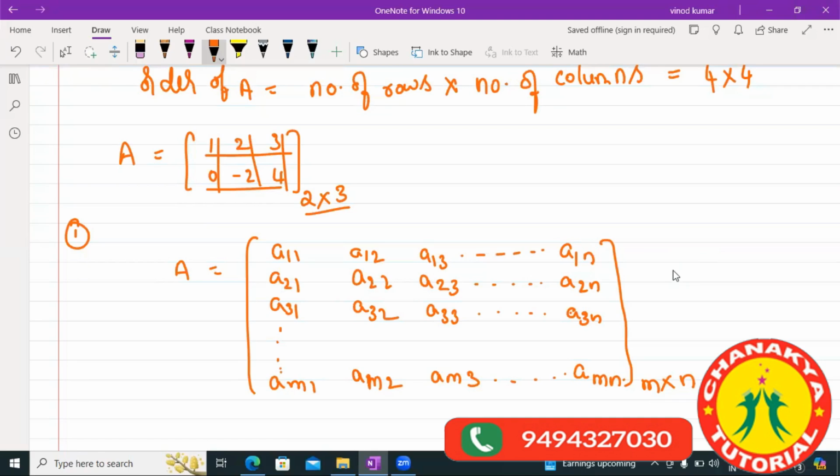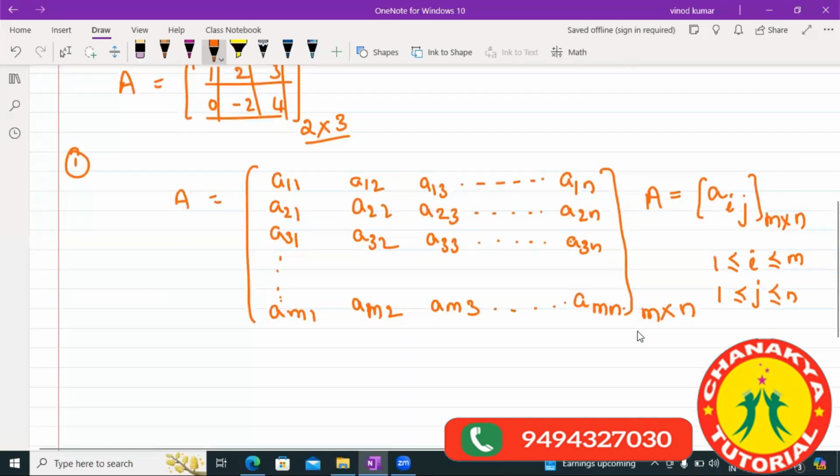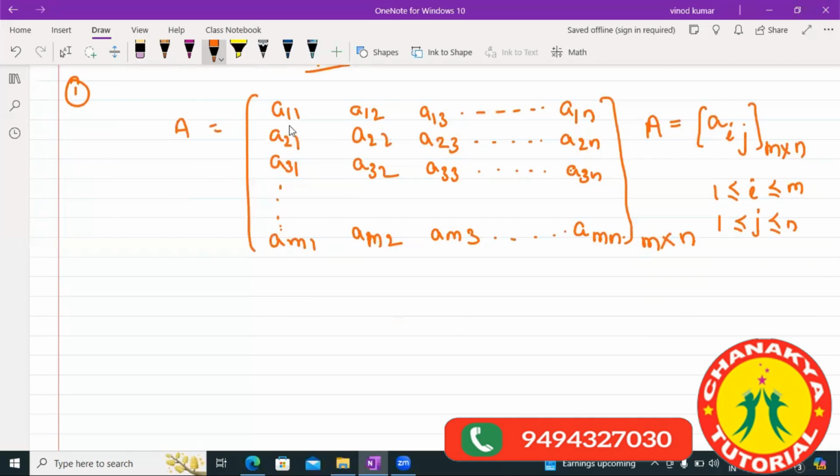We write this matrix as capital A equals Aij, where the element has i rows and j columns, with order m by n. I lies between 1 and m, and j lies between 1 and n. Aij shows the position of the element: i is the row position and j is the column position.